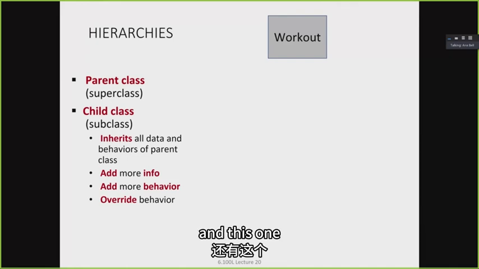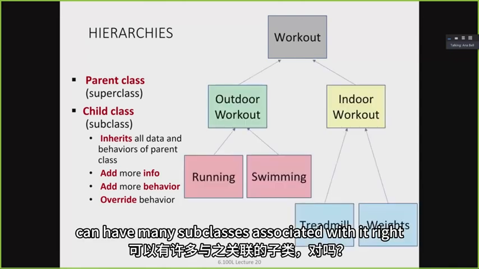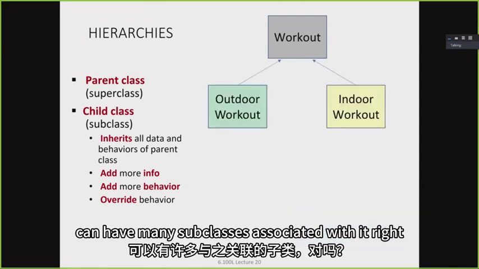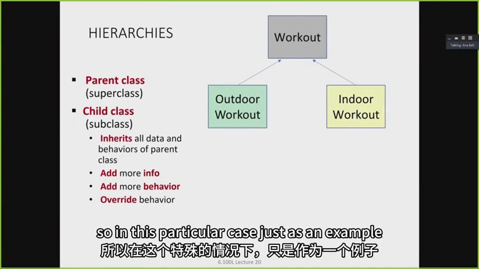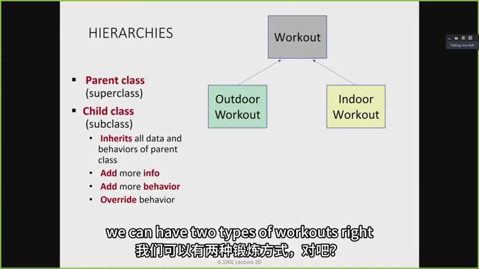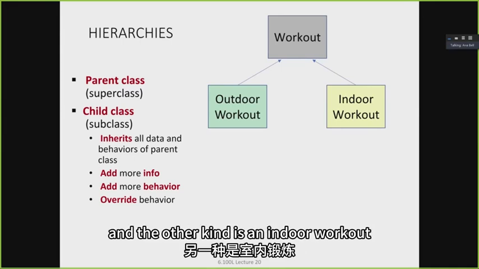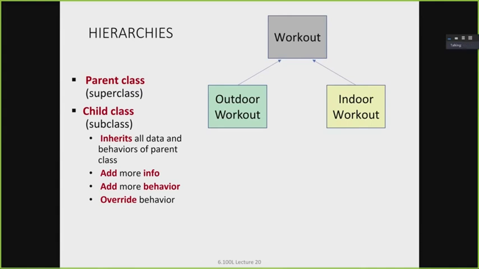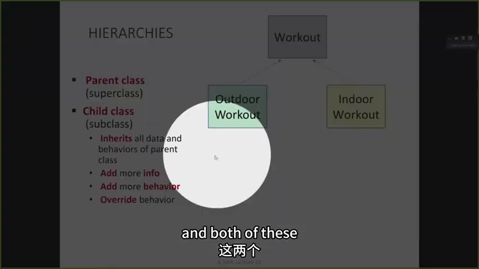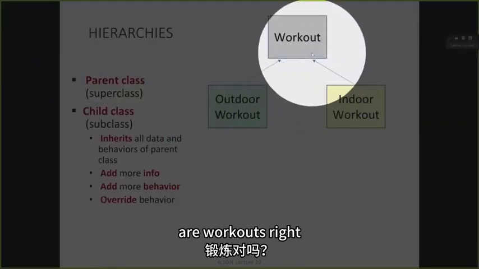And this one parent class can have many subclasses associated with it, right? So just as an example, we can have two types of workouts: one is an outdoor workout, and the other is an indoor workout. Okay? And both of these are workouts, right?